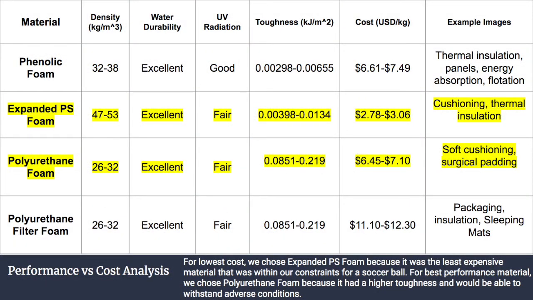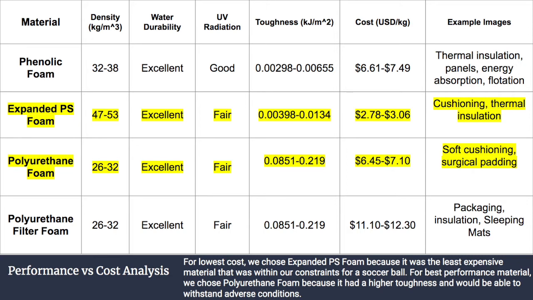These were the materials that showed up on our graph. So the top two materials you will see highlighted as expanded PS foam and polyurethane foam. We compared the density, water durability, UV radiation, toughness, cost, and then included some examples of what they typically are used for.